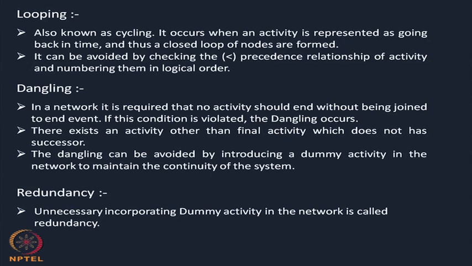And number 2 is, there exists an activity other than the final activity which does not have any successor. So, basically there are 2 points. First, no activity should end without being joined to the end event. There must be a starting and an end event, so it must join to the end event. And number 2 is, each and every activity must have some successor.